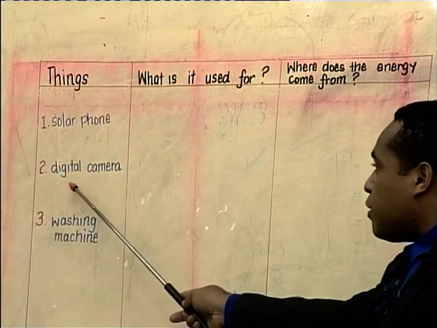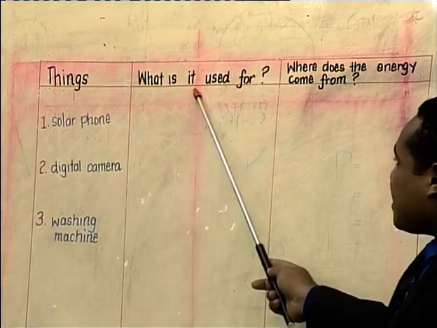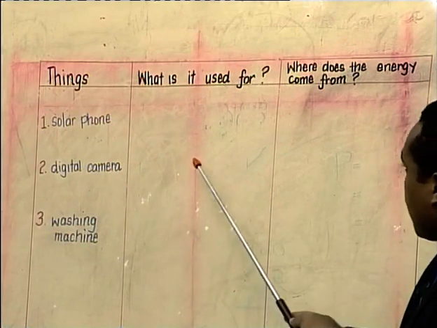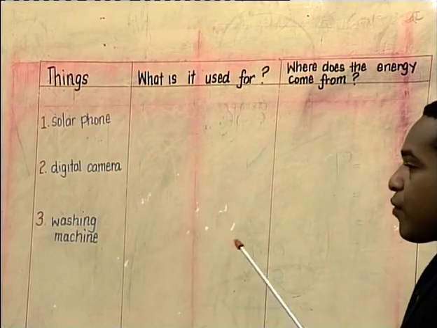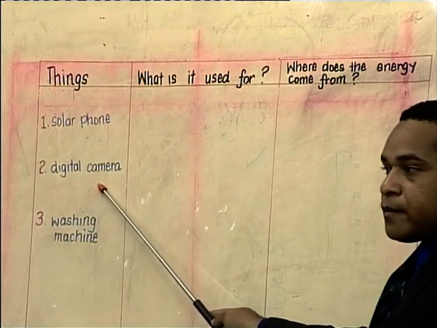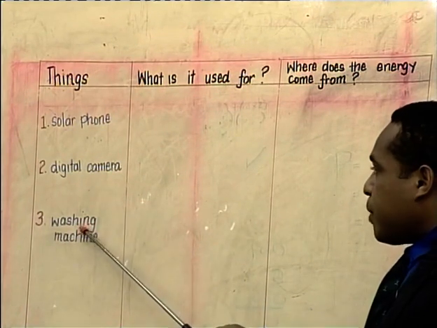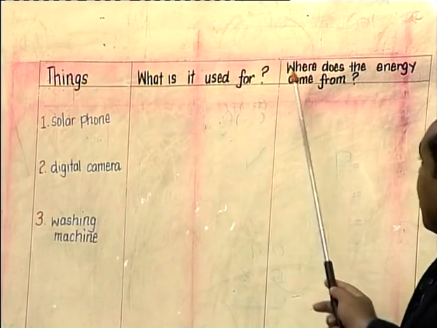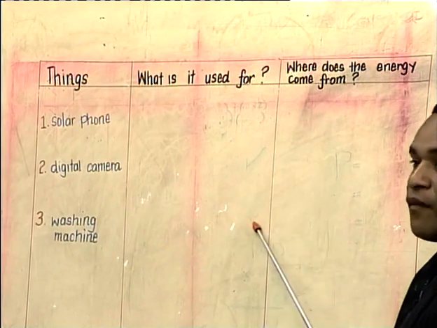Likewise, number 2, digital camera. What is the digital camera used for? And where does the energy come from when you are using the digital camera? And number 3, washing machine. What is it used for? And where does the energy come from?